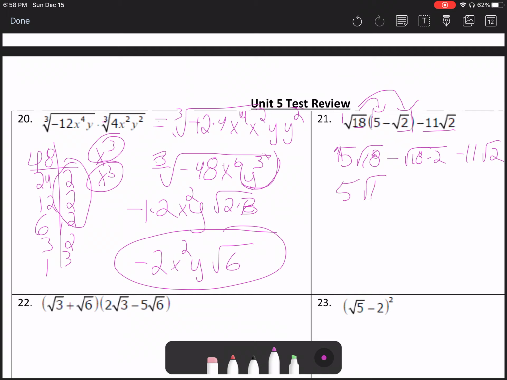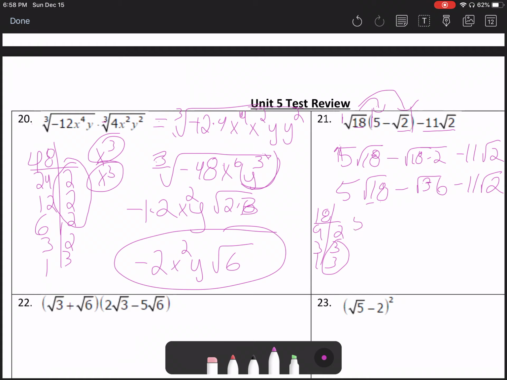This is 5 radical 18 minus radical 36 minus 11 radical 2. I look through just to see if I can simplify. Well, 18 divided by 2 is 9, divided by 3 is 3, divided by 3 is 1.